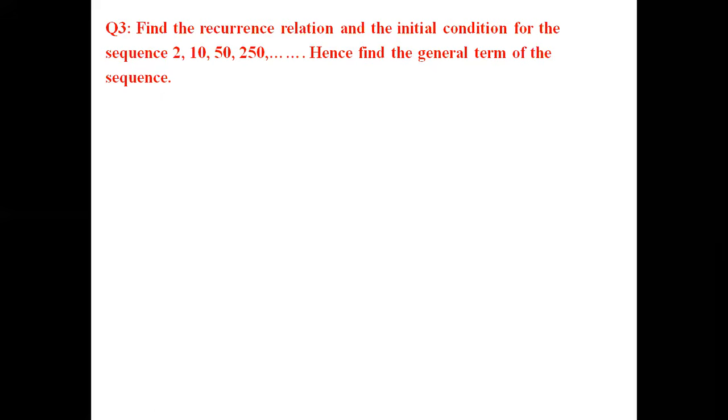So very firstly, from the given sequence, we need to find out the recurrence relation and the initial condition associated with it. Then we'll be trying to solve that recurrence relation. So let's see how to do the problem.